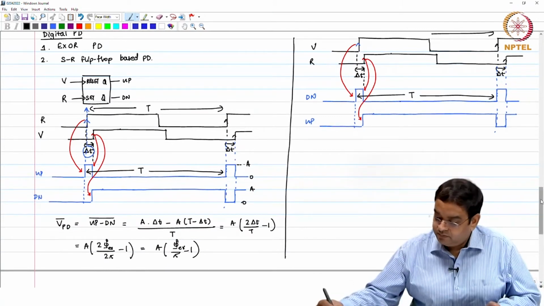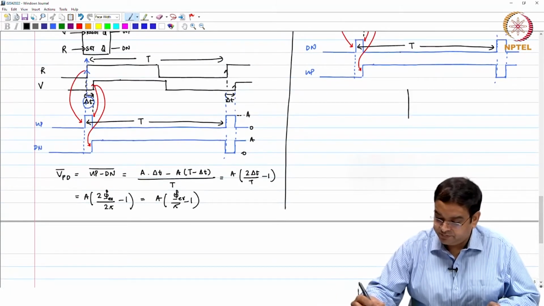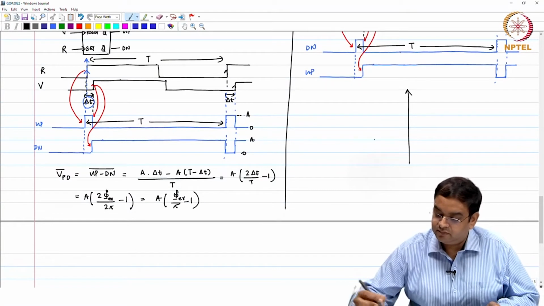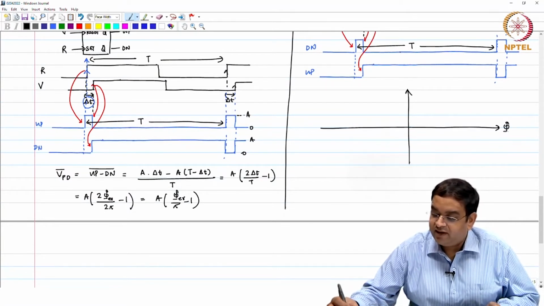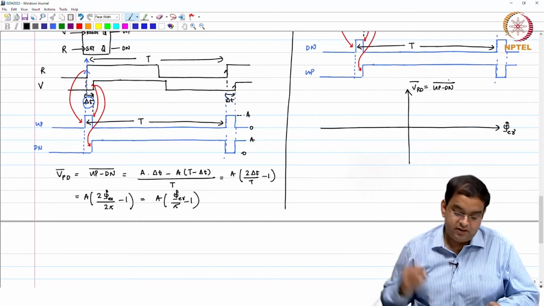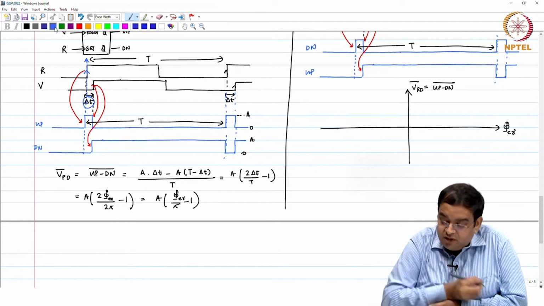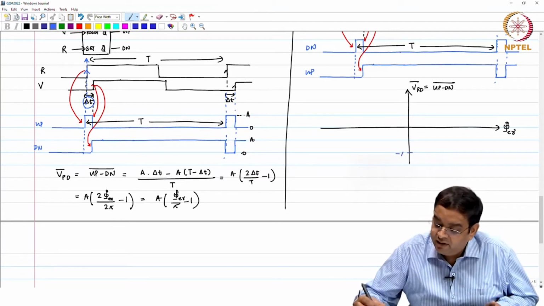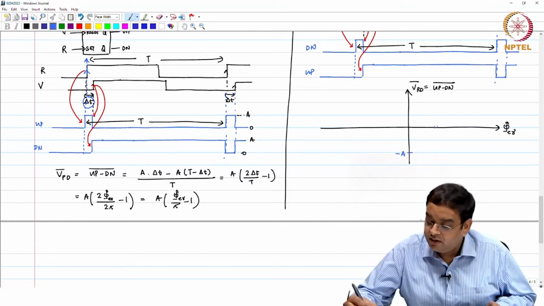So, this particular phase error, let us just draw this. Phase error versus VPD average, defined as up minus down average, right. At phase error equal to 0, the value is minus A, and as phase error is equal to 2 pi, the value is plus A.